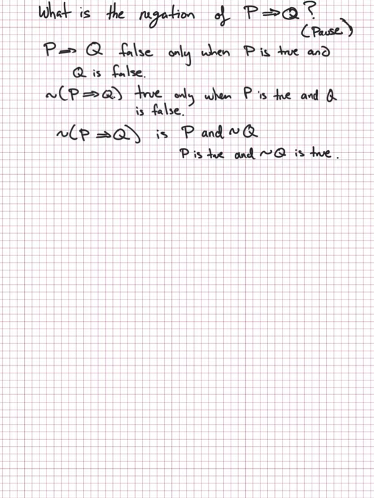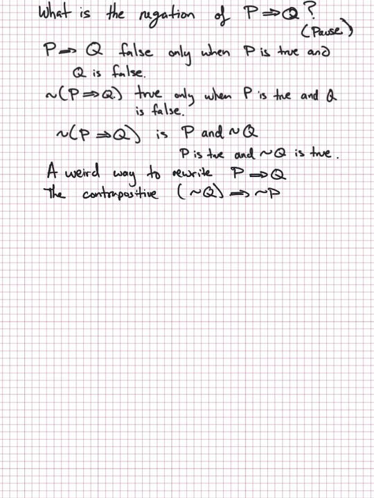Okay, so there's kind of a weird way to rewrite P implying Q, which is called the contrapositive. And what that is, is not Q implies not P. Okay, so why are they the same?